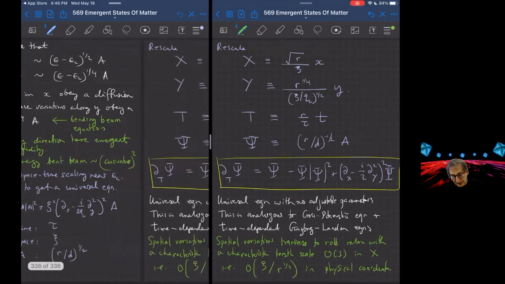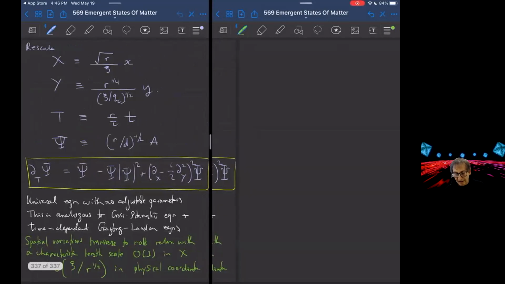You'll probably recognize this because remember r is proportional to epsilon minus epsilon c.